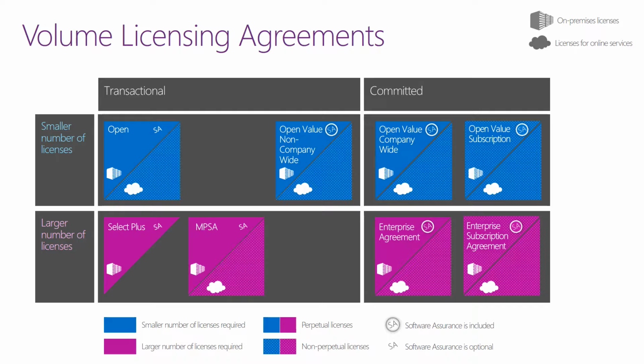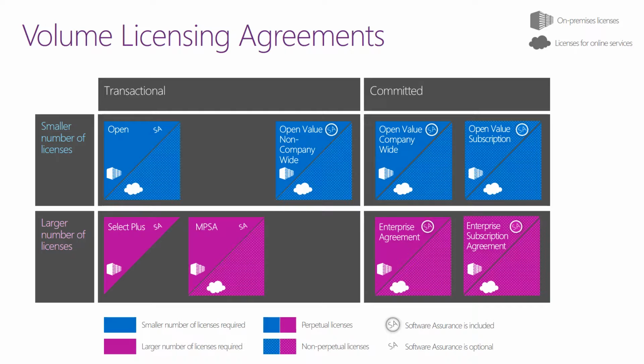Now, one thing you can see is that there is no option to purchase licenses for online services such as Office 365, or in fact Azure, through the Select Plus agreement. The Select Plus agreement will be retired quite soon, and it was decided not to update this agreement to allow customers to do this. So what agreement should existing Select Plus customers be moving to?